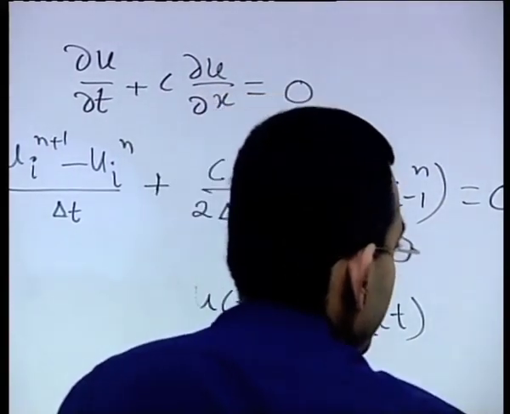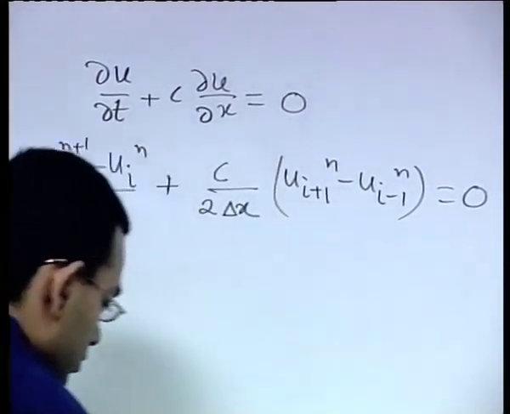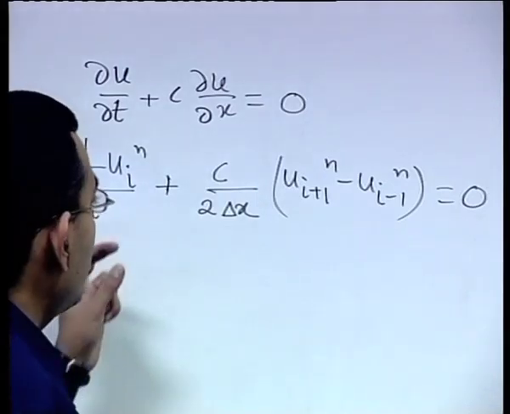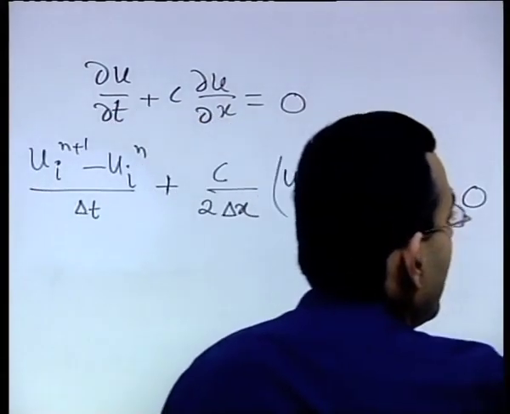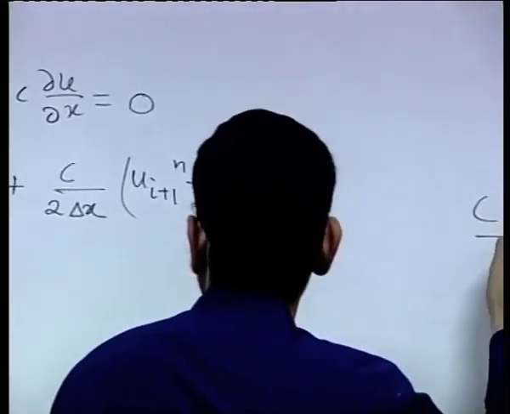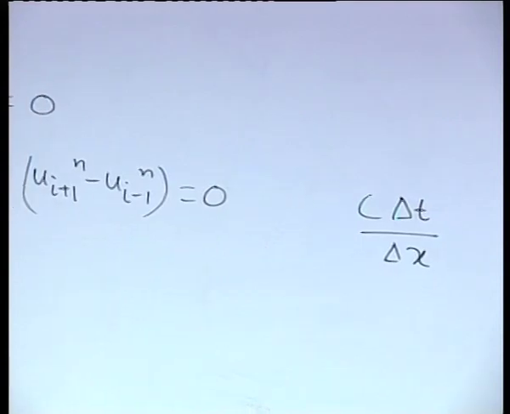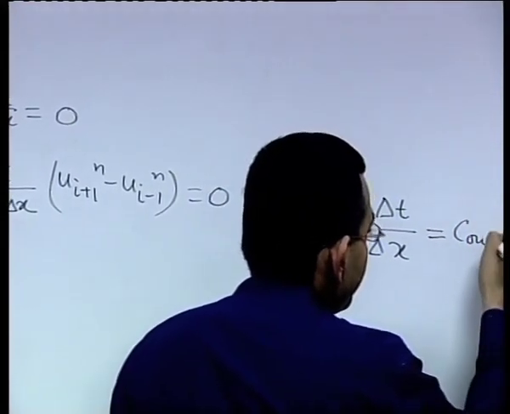Now if you substitute the corresponding formula for the FTCS scheme, this is what we get. Now we can multiply both the terms by delta t and represent this non-dimensional number c delta t by delta x as something called the Courant number.